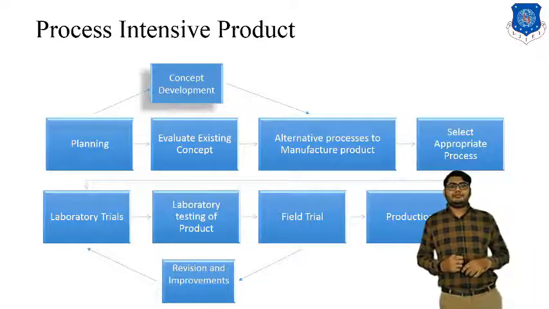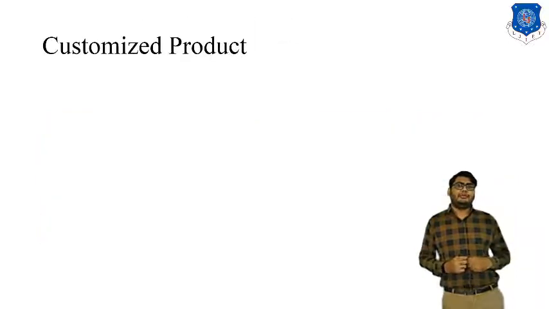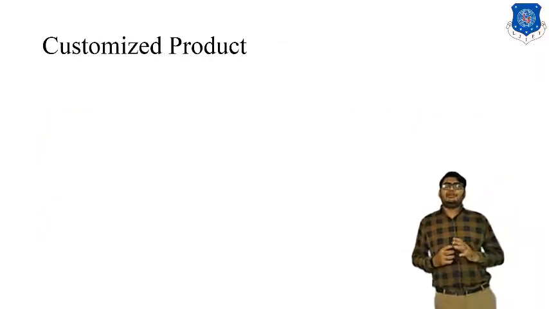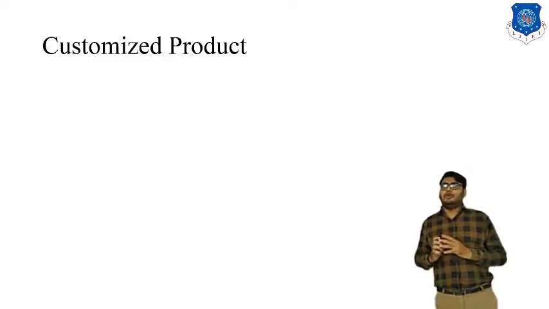After that, let us discuss how customized product development cycle will differ from generic product development cycle. Now remember that customized products are not produced in mass. Volume of customized products will be 1 or 2 only.